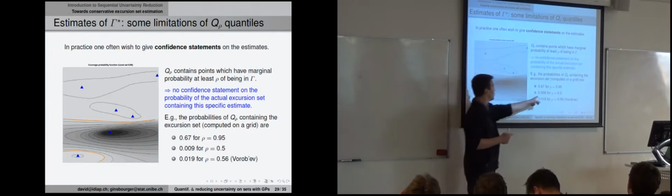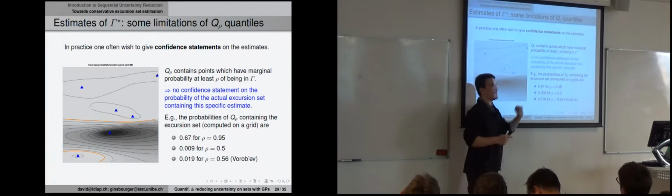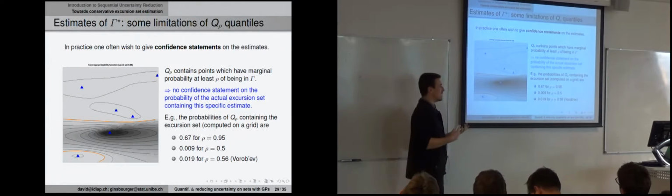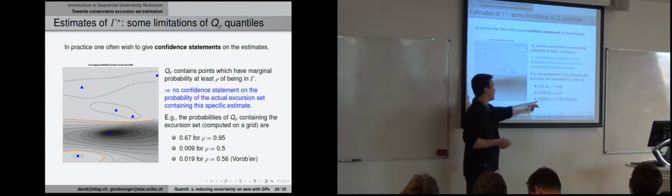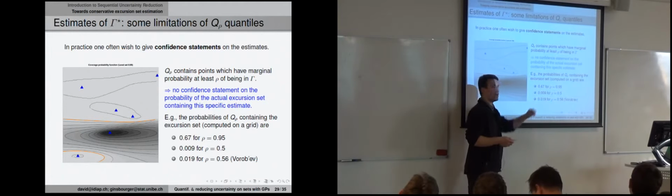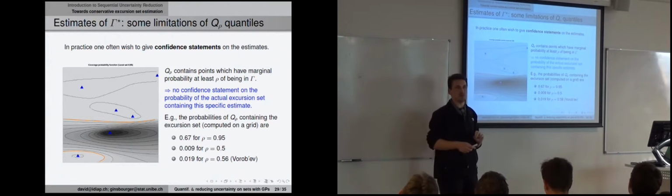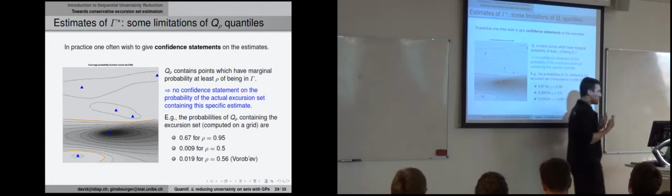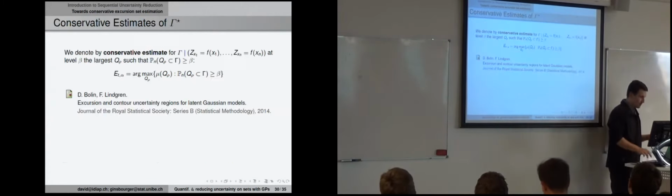If you take 0.5, you have less than 1% of the realizations that will be really safe. And for 56, which is the Vorobyov expectation, you have less than 2% probability that the whole region is safe. So this leads us naturally to the question: is there a way I can design a conservative estimate?